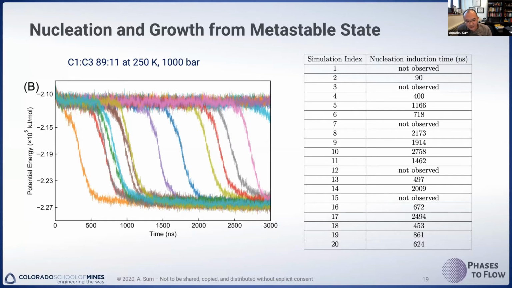And in a way, you have to do a fine tuning of the temperature and pressure so that you have this distribution of times, right? And so it does represent a spontaneous stochastic process. And of course, if we were to change the conditions and not have any nucleation within the time that we can simulate, that doesn't mean that the system, the conditions are incorrect.